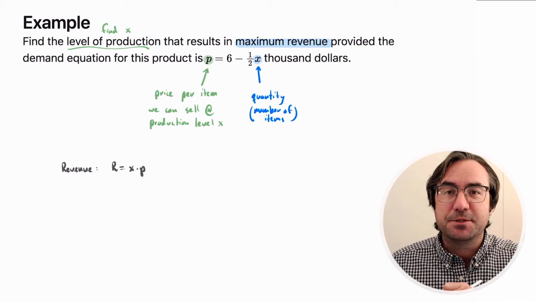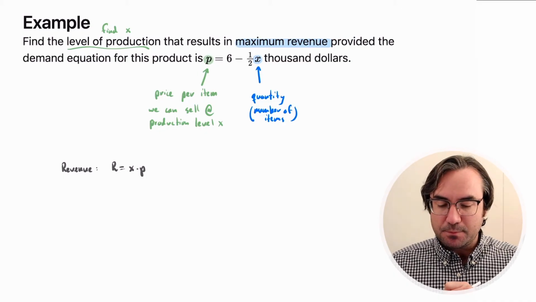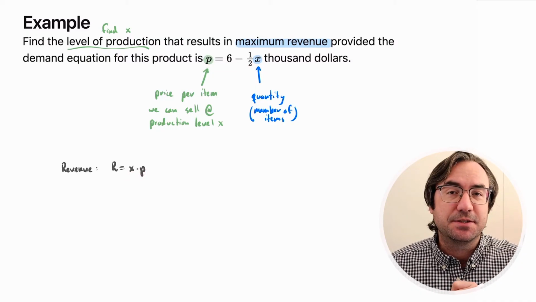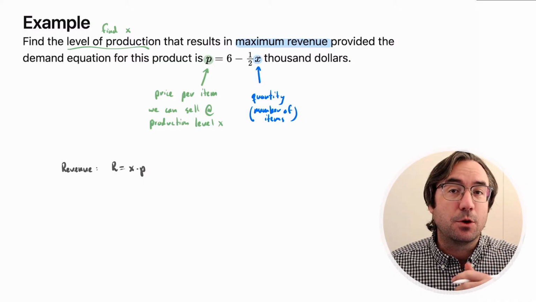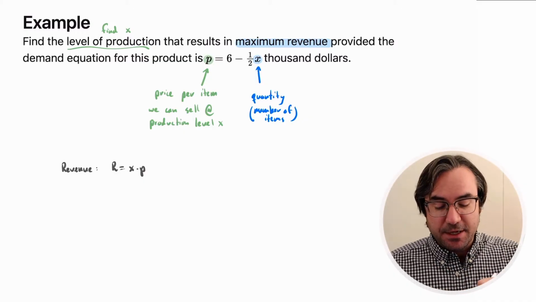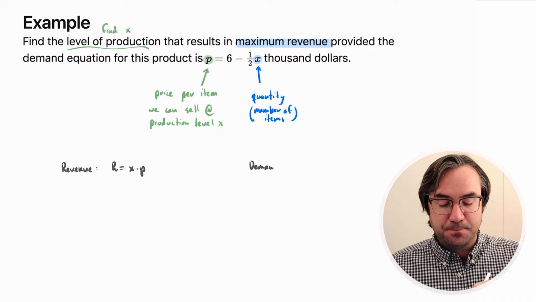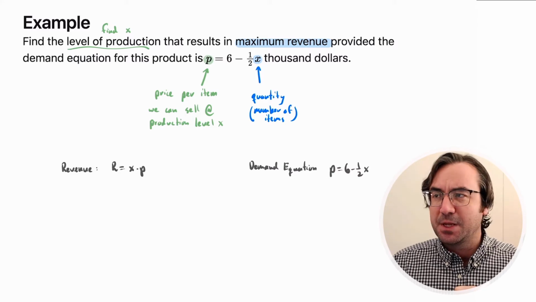So X times P. All right. Well, we have this other equation that then tells us what lowercase p is equal to, what our price is going to be equal to. So we have our demand equation. That's telling us p is equal to 6 minus 1/2 x.